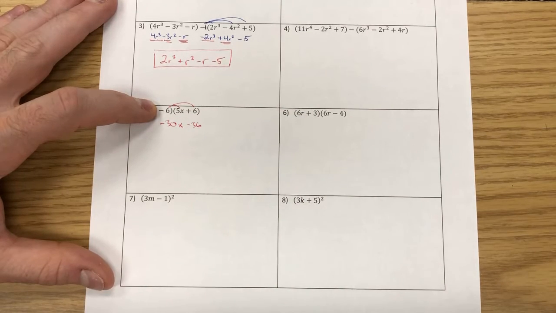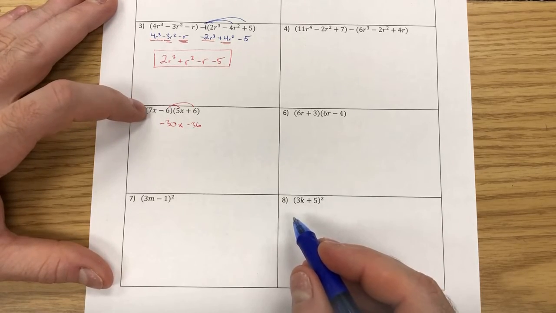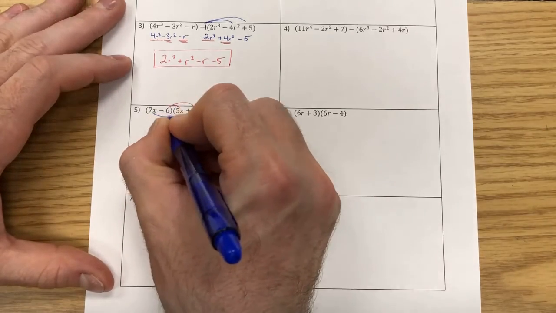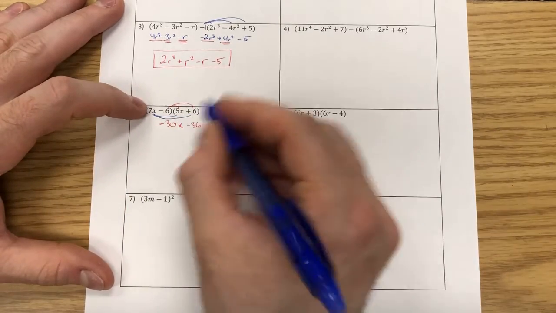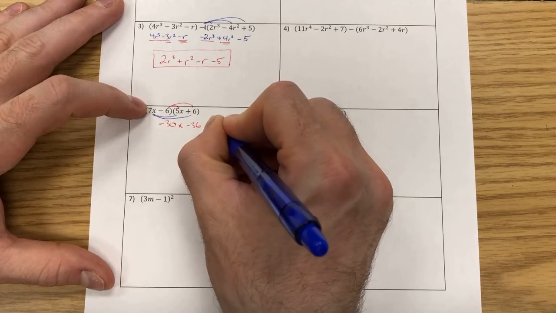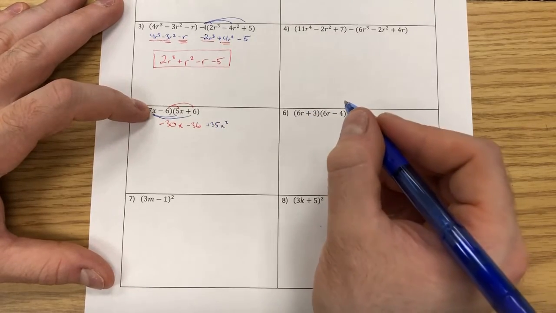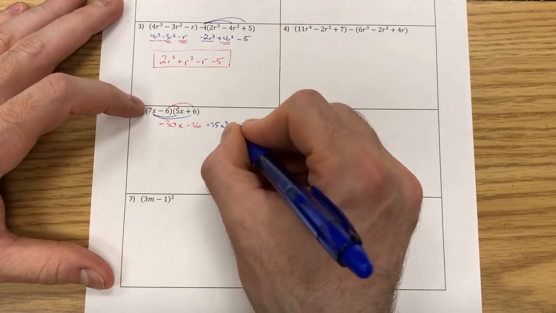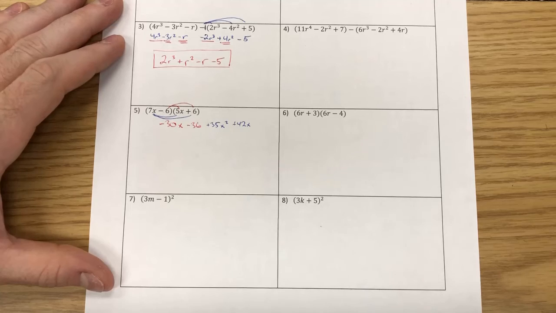And so now that we've distributed the 6, let's continue on and distribute the 7, because that gets multiplied times both of these as well. 7 times 5 gives me 35. I have 2 x's, which means x squared. 7 times 6 is 42, and a single x. There we go.